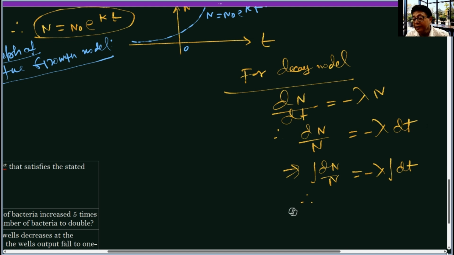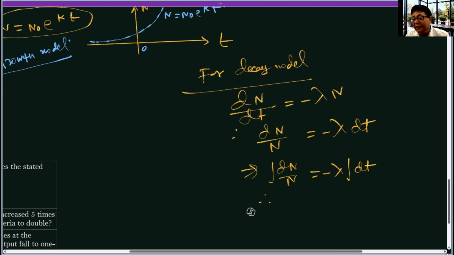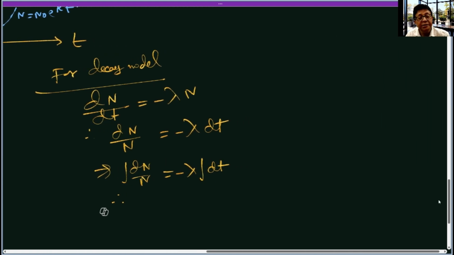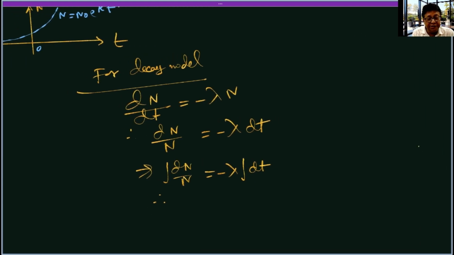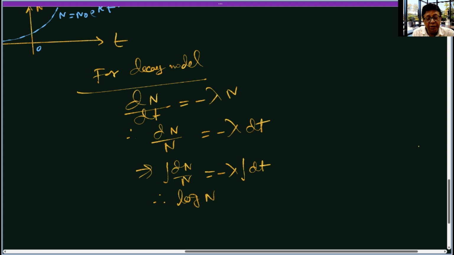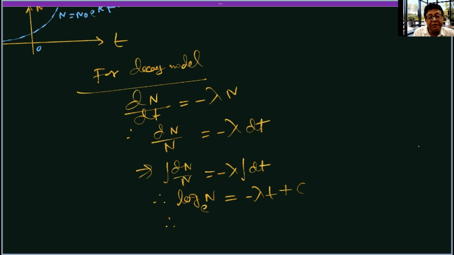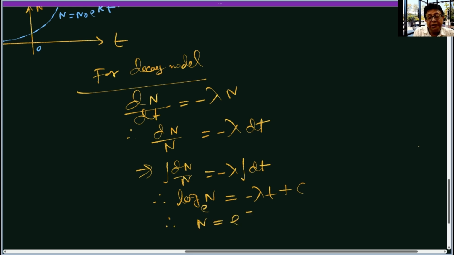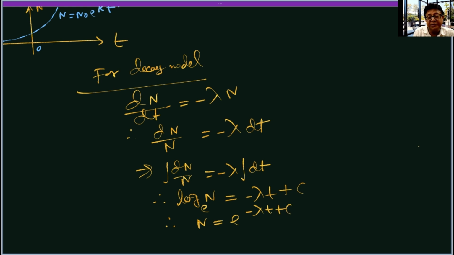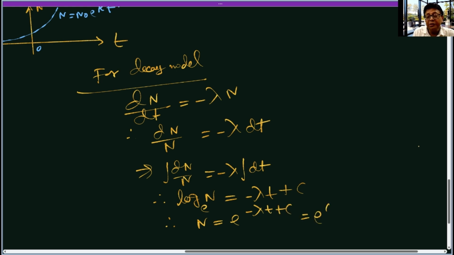So what will happen there? dN/N, same value over there. This comes under logarithmic integration. Log N equal to minus lambda into t plus c. No base is there, exponential base, so N is e to the power minus lambda t plus c. So e^c times e^(minus lambda t).